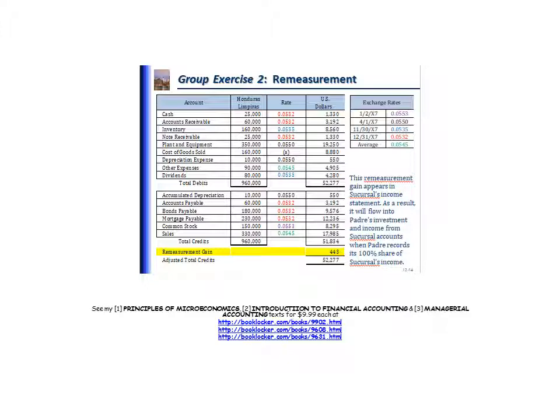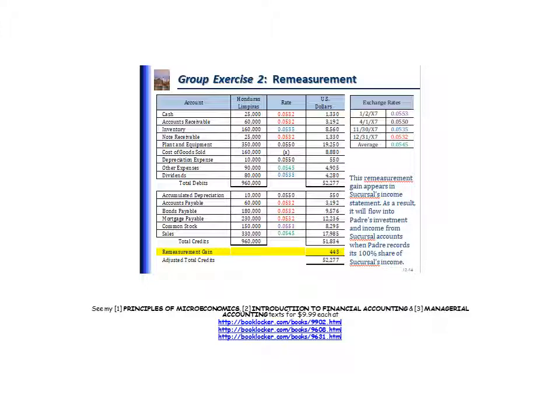The same with property, plant, and equipment, accumulated depreciation, and depreciation expense. That is the difference between the translation method and the remeasurement method. Greater precision in the inventory and cost of goods sold related accounts, and greater precision in the property, plant, and equipment, accumulated depreciation, and depreciation expense related accounts once again.